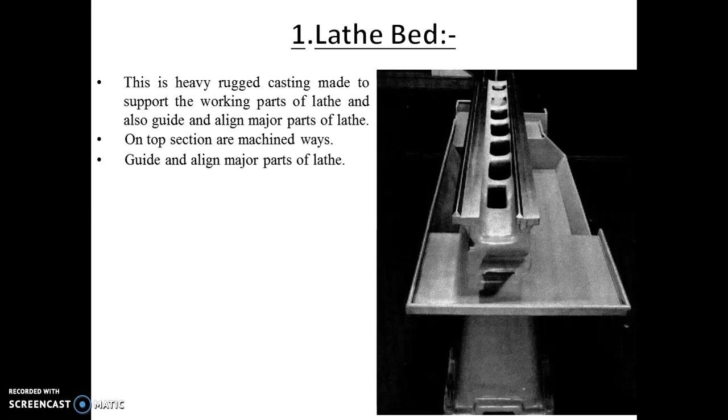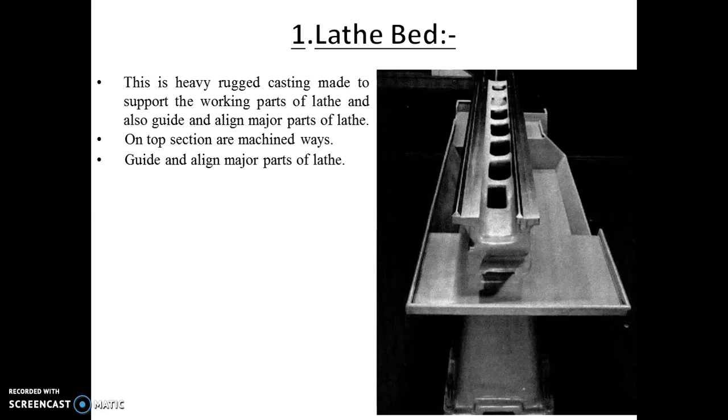Lathe bed. The bed is the base of the lathe machine. It is supported on broad box columns and is made of cast iron, because cast iron has very good compressive strength as well as wear resistance, due to which it is effectively used in lathe machines.